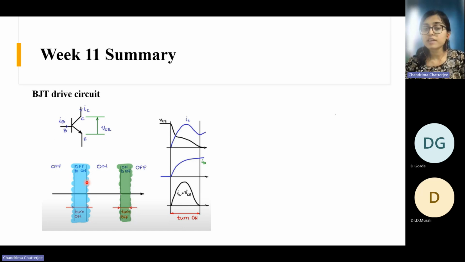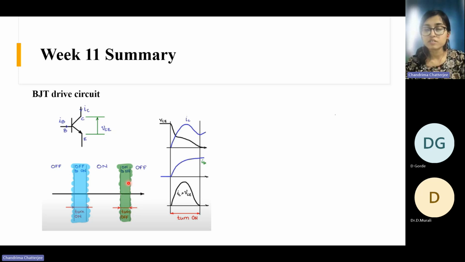Now, first of all, there are two transitions, right? One from off to on transition, and another from on condition to off condition. These two transitions we already saw when we were studying different devices and their power loss.